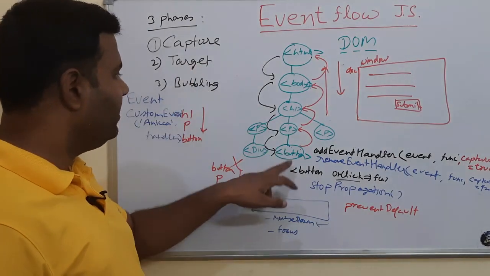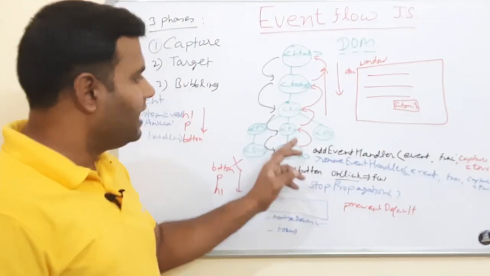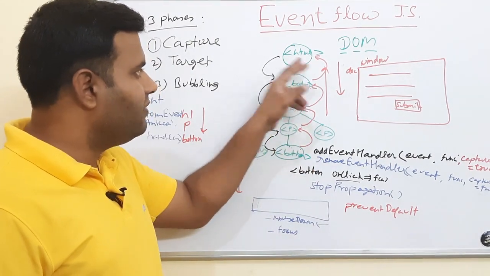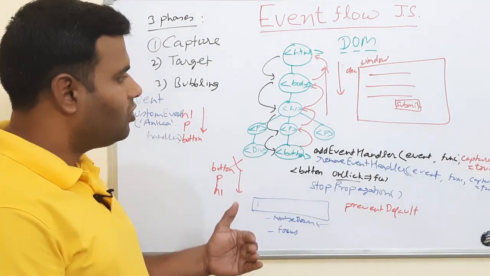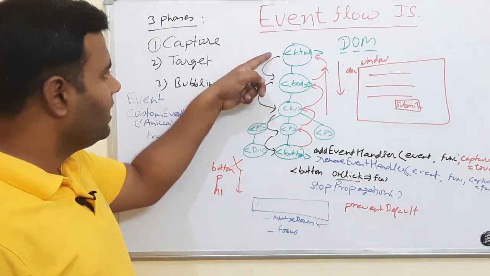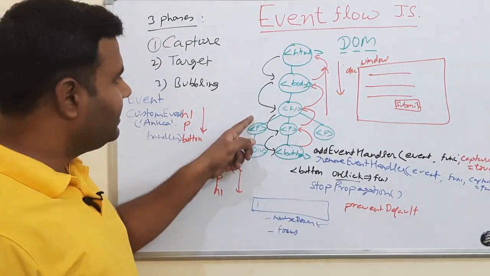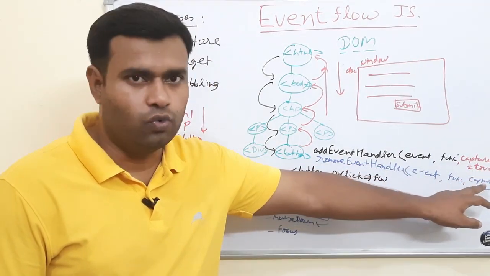On the target phase, it will run its event handler, then it bubbles up that event and all the parents' event handlers will be called. But if you want to change the phase and run your event handler in the capture phase, you have to pass another parameter called capture equal to true.